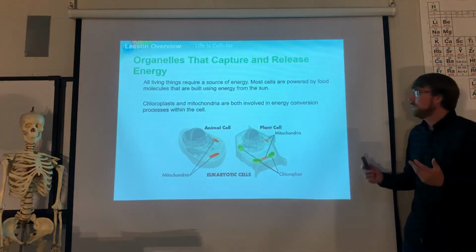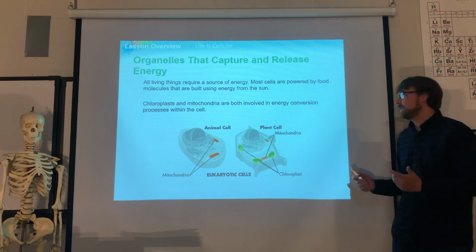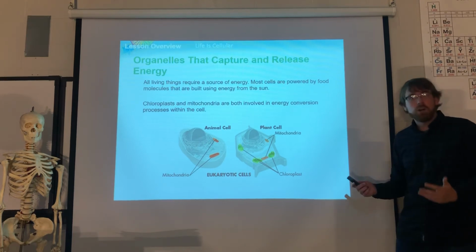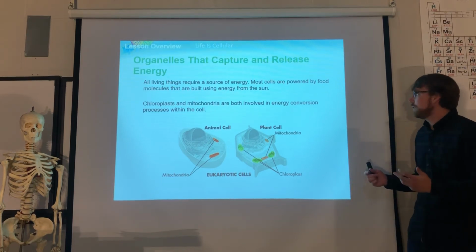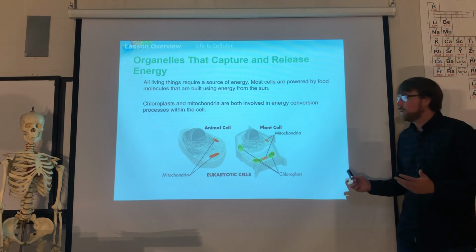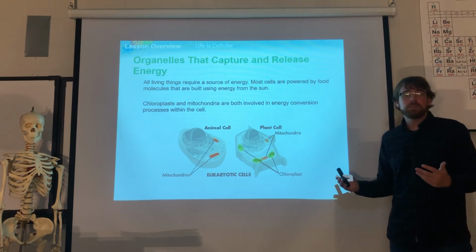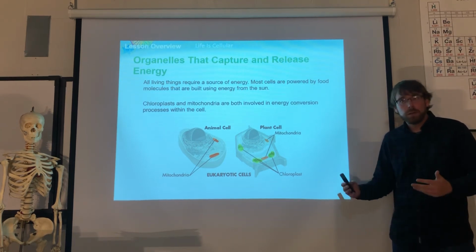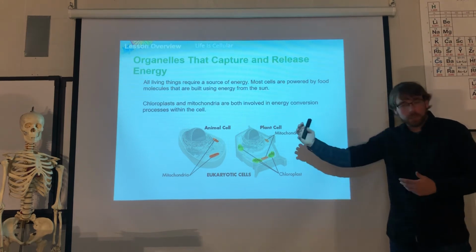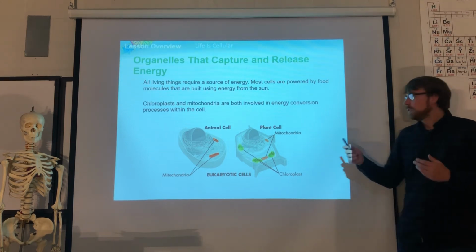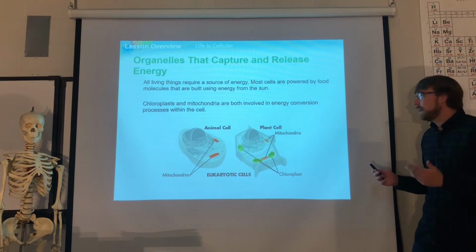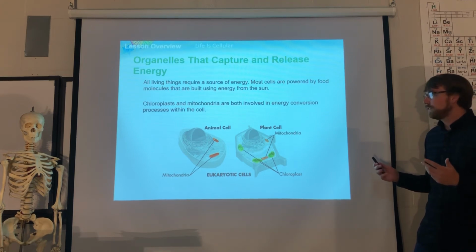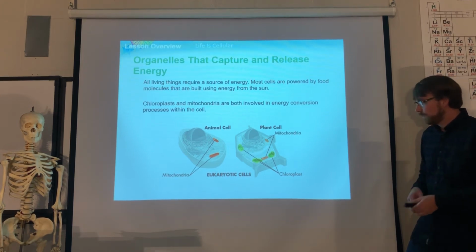They are both involved in energy transfer. Obviously, all living things need a source of energy. Most organisms get their energy from food molecules, which ultimately come from the sun. So chloroplasts and mitochondria are both involved in energy conversion processes within the cell.